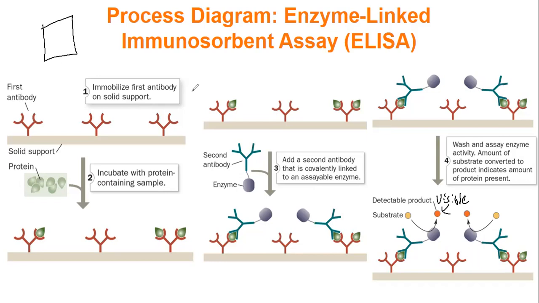So it can either be an actual color we see, like the visible product will just be some color we can see right on the filter, or it could be something we see after we shine a light on it that will give fluorescence. But the idea is, if you put your sample here, you might get dark bands on your ELISA.